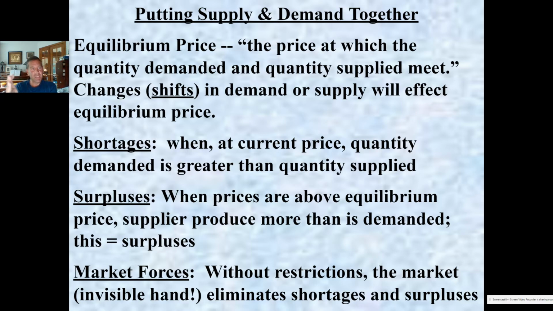But all of a sudden you realize people aren't buying as much lemonade. Demanders are unhappy because the price is too high. So no one sits down and says, this is the market and this is the equilibrium price. Equilibrium price is discovered by a million individual actions of suppliers offering goods for sale at different prices, and demanders buying those goods or services at different prices.